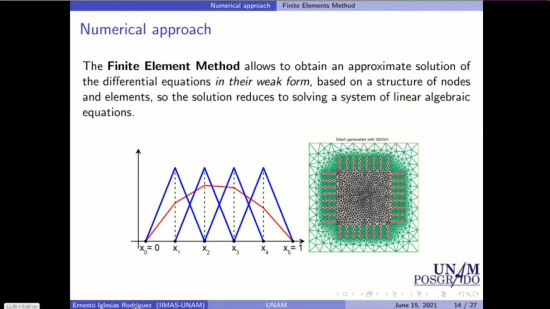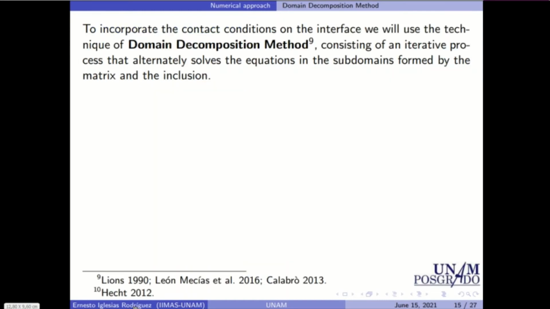Another advantage is that the differential equation will be in the weak form. It is an advantage because we can use more general functions that just require continuity and some kind of derivative.